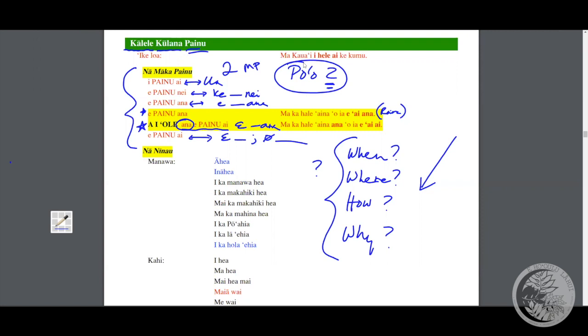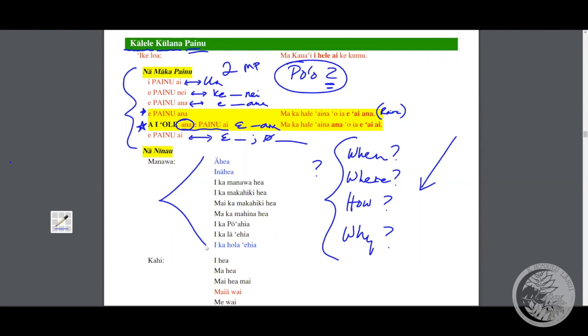Okay, let's also remember the stresses. If you look at time, so we're talking about stressing time, answering the question of when something occurs, we have some basic ways of asking those questions. There are many ways you can ask these kinds of questions. Anytime you focus on when something occurs, it's a Kālele Kūlana.